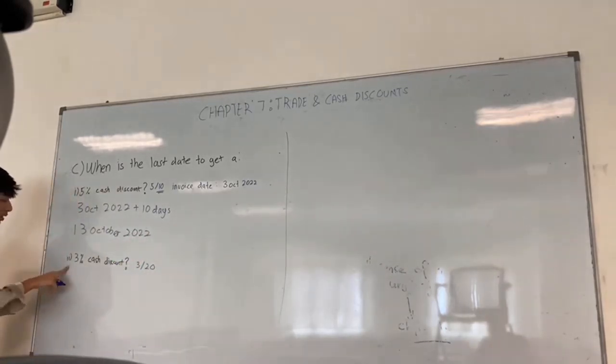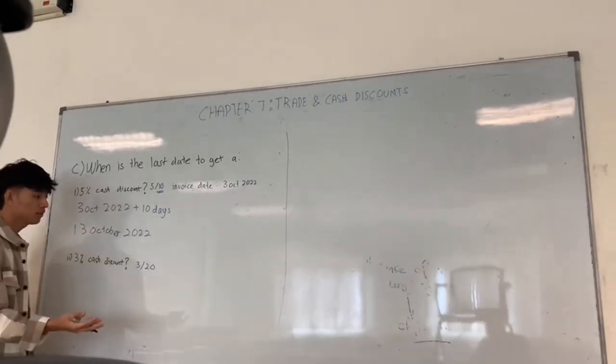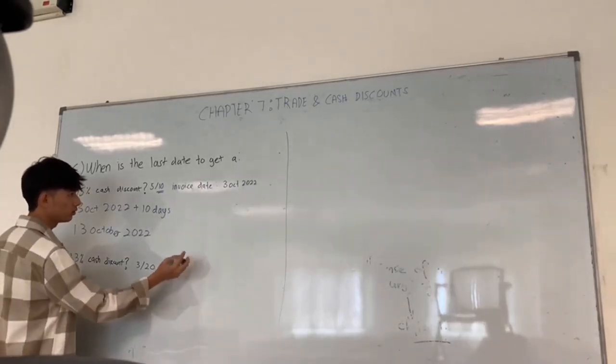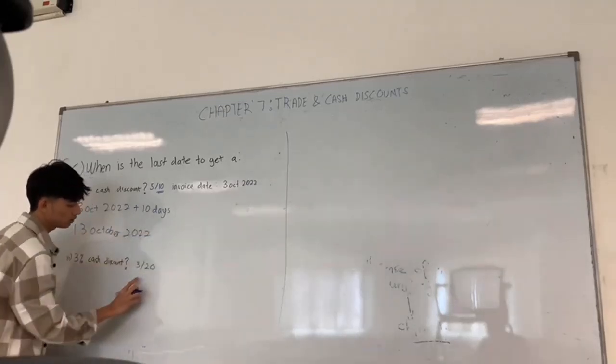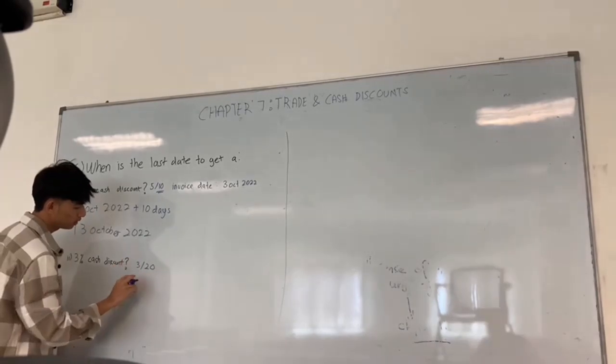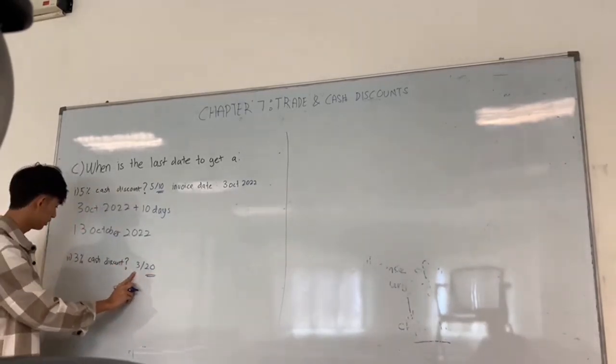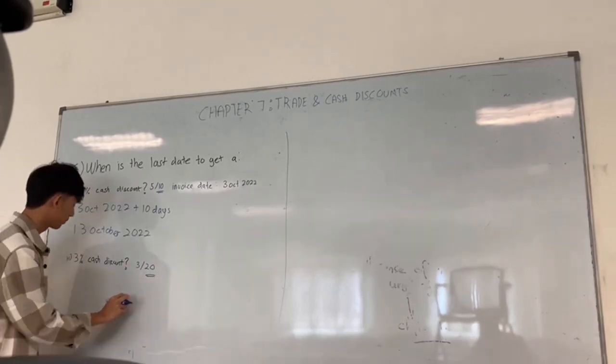And then we will answer the second problem. The concept is still the same. From the invoice date, we know that if we pay within 20 days, we will get the 3% cash discount.